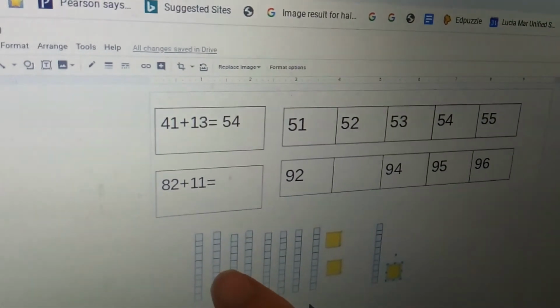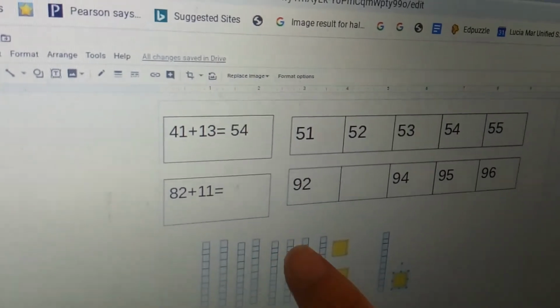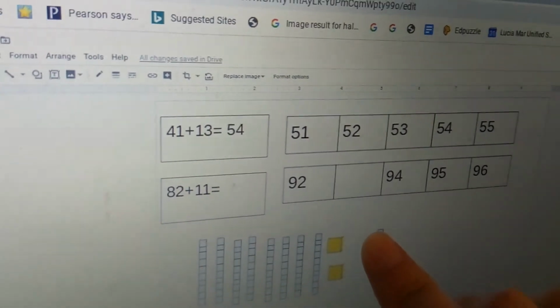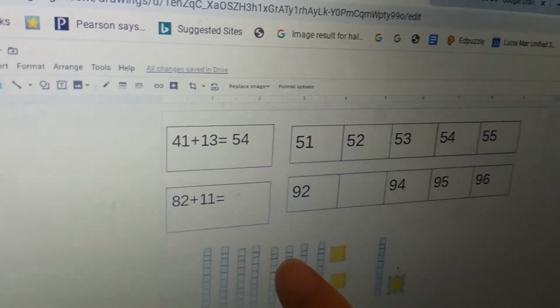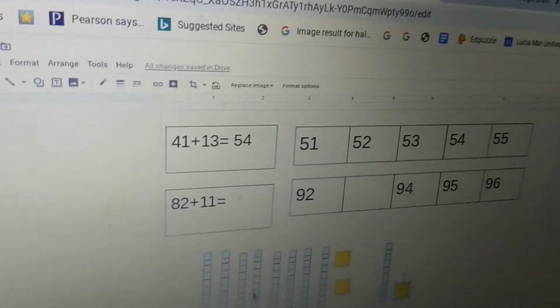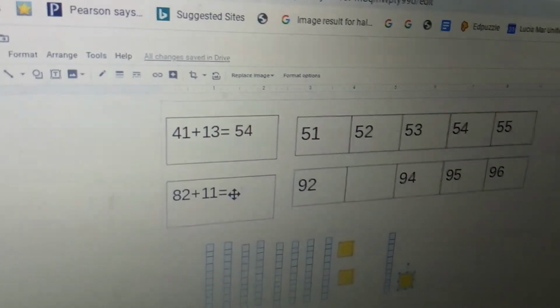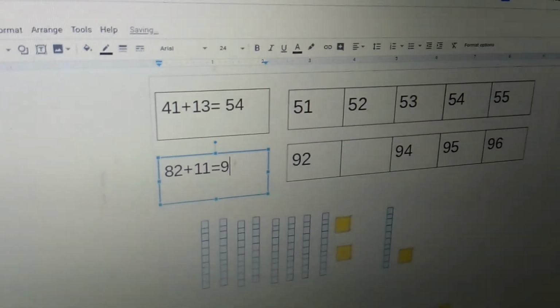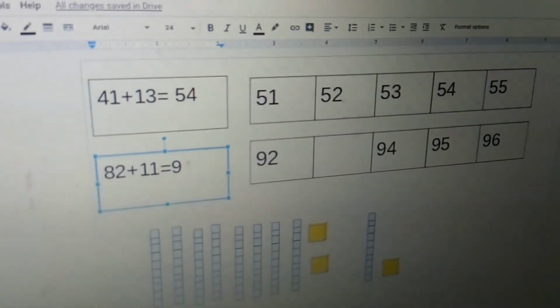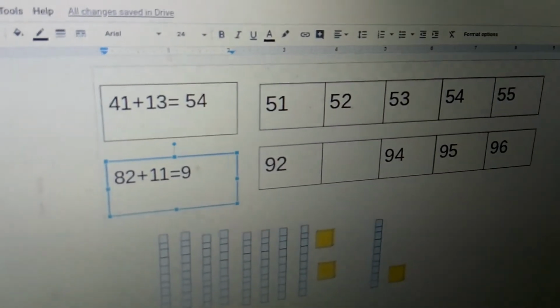Ready? 1, 2, 3, 4, 5, 6, 7, 8, 9. Or I could do 10, 20, 30, 40, 50, 60, 70, 80, 90. And I'm going to type a 9 in the tens place because I know 90 has 9 tens. Now, once again on the side, type, how many ones units did we pull up?